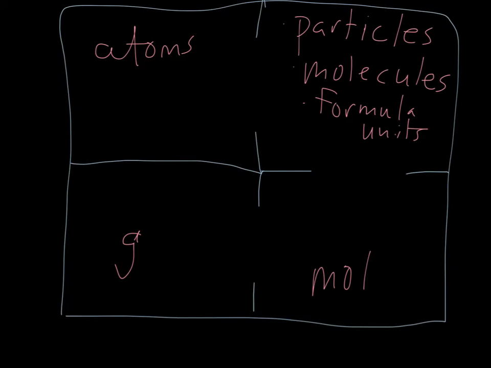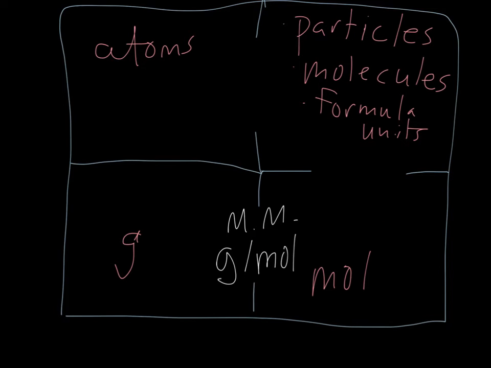So that molar mass, that's the first passageway between these two. Grams per mole can be flipped upside down to be moles per gram, and we can move from one to another. Say if I had 32 grams of oxygen, and I know that there are 16 grams for every 1 mole. Well, 32 divided by 16 is 2, so that'd give me 2 moles of oxygen.